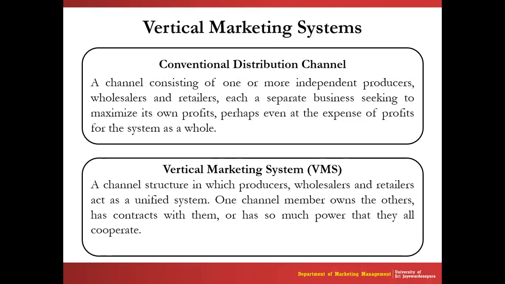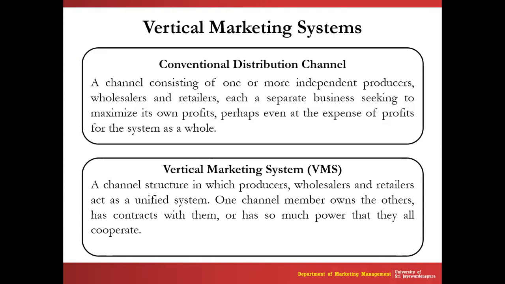Whereas right now the world is moving to a vertical marketing system, where the producer, wholesaler, and retailer get together and act as a unified system, right? Rather than a set of independent producers, wholesalers, and retailers, they get together and try to sell a product to the consumer as a unified system.